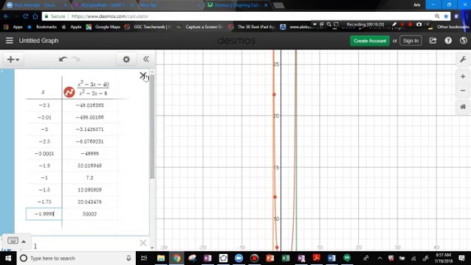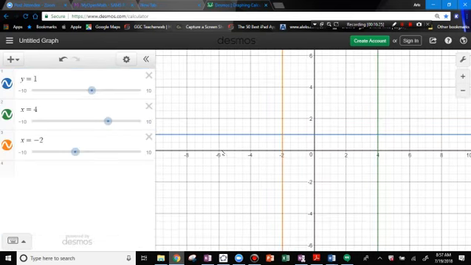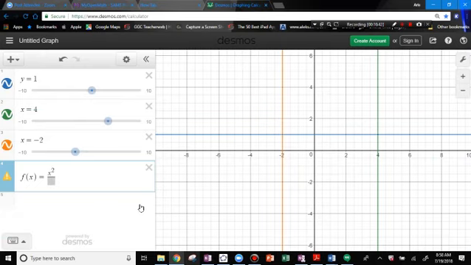let's just go back home. Did we get rid of it? I guess we got rid of it. Let's put the function back in there. So I need to call it f of x equal to, and it was x squared. What was it? Minus 3x. Minus 3x. Thank you, brother.